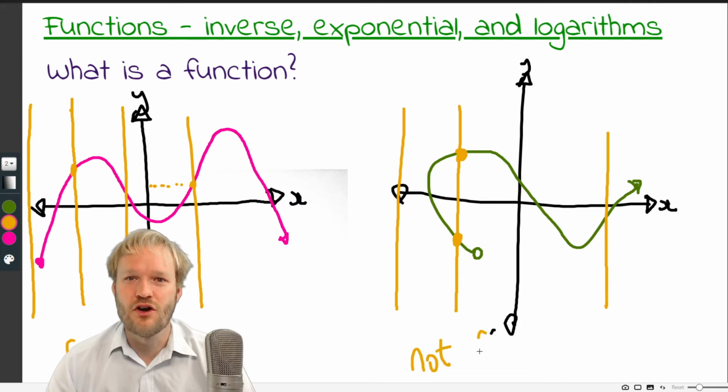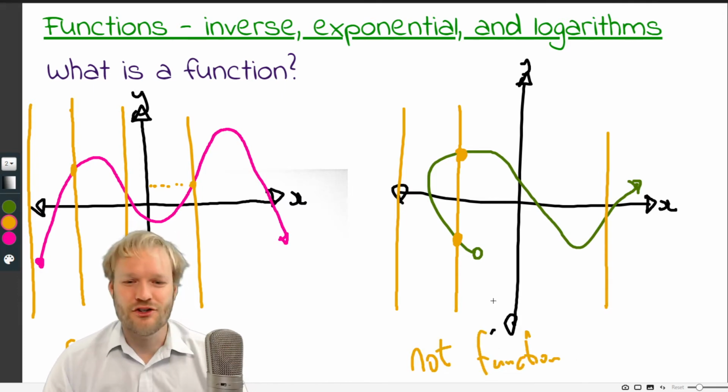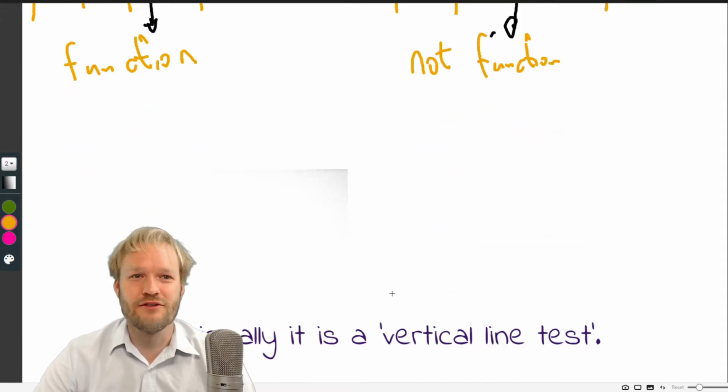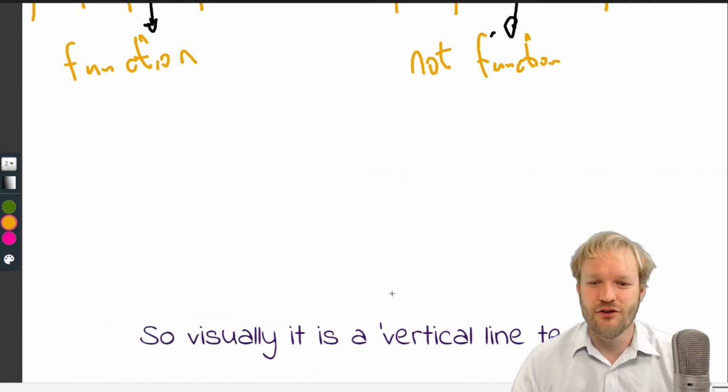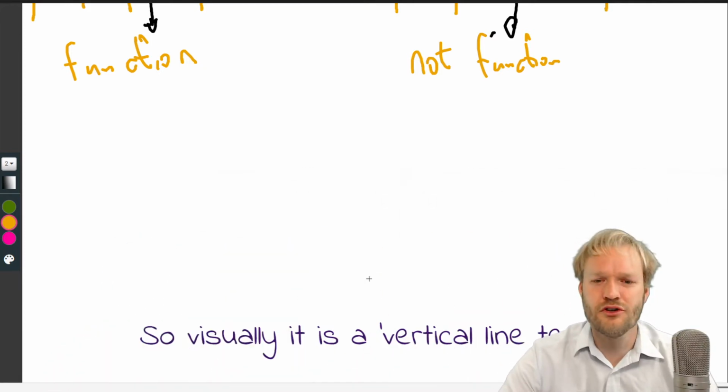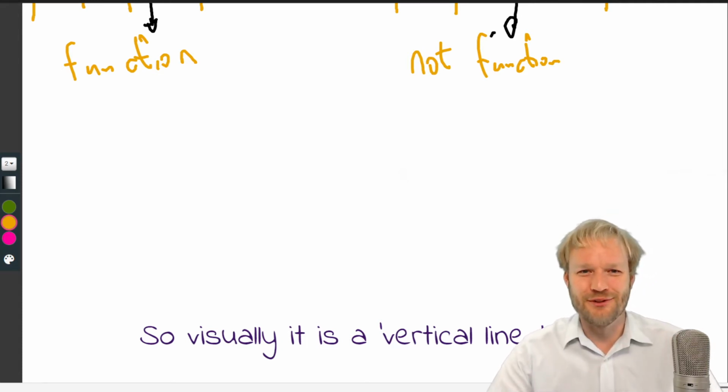So this one is not a function. Visually, what we've said is the vertical line test: can you draw a vertical line or not? Let's have a look at some examples.